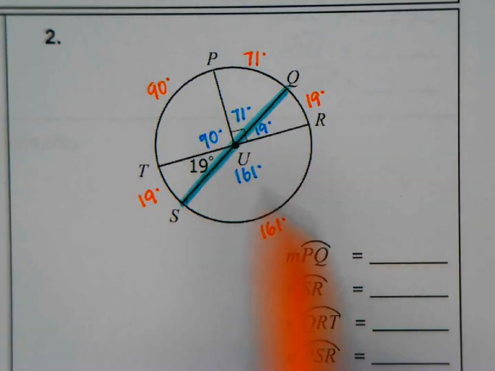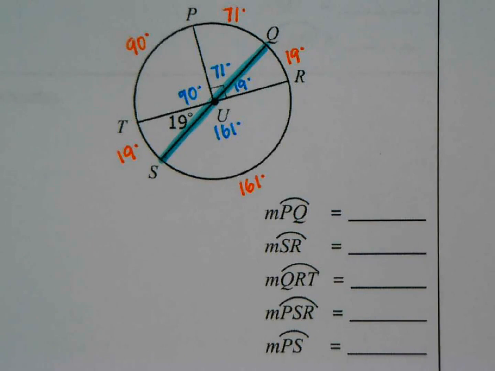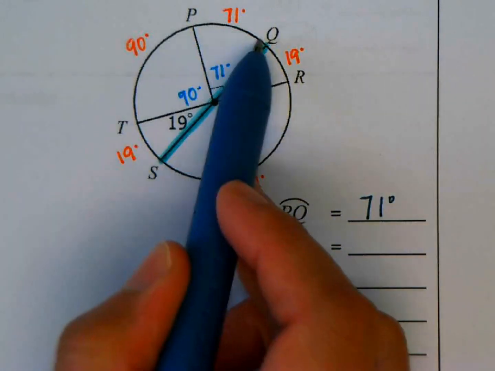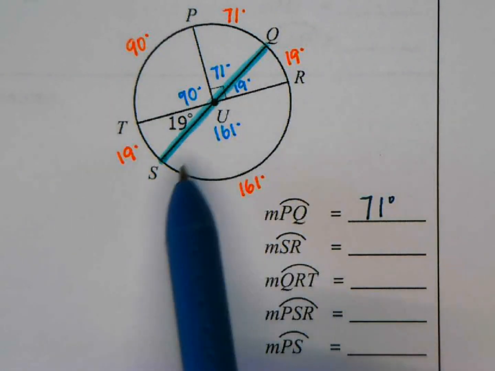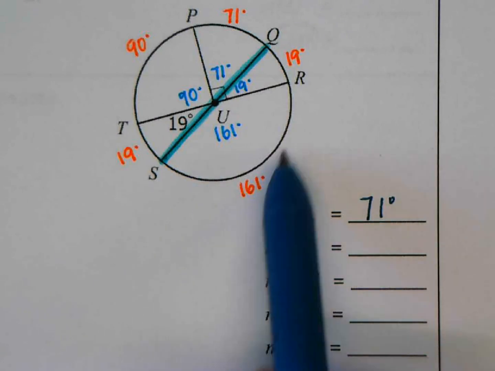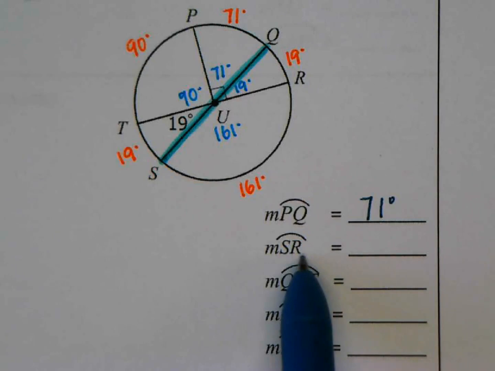All right. PQ. Arc PQ. SR. Oh, that's too big. So I'm going to go SR. And the reason why I know I want the smaller SR is because we're using only 2 letters.